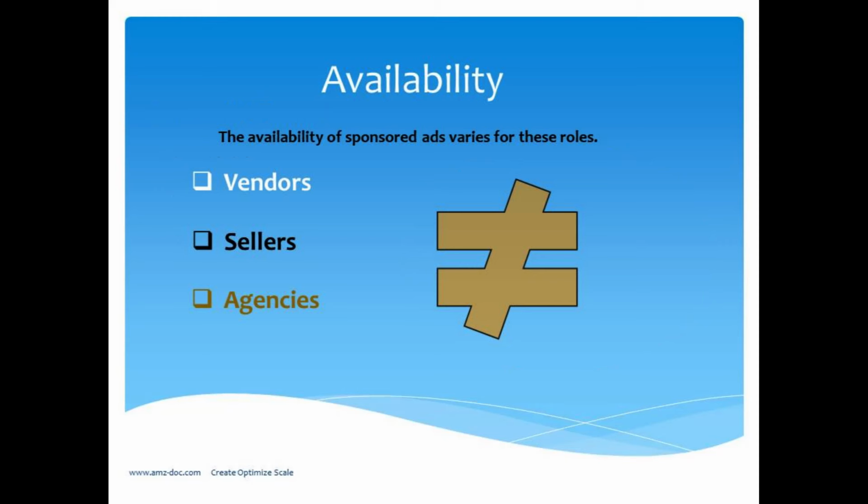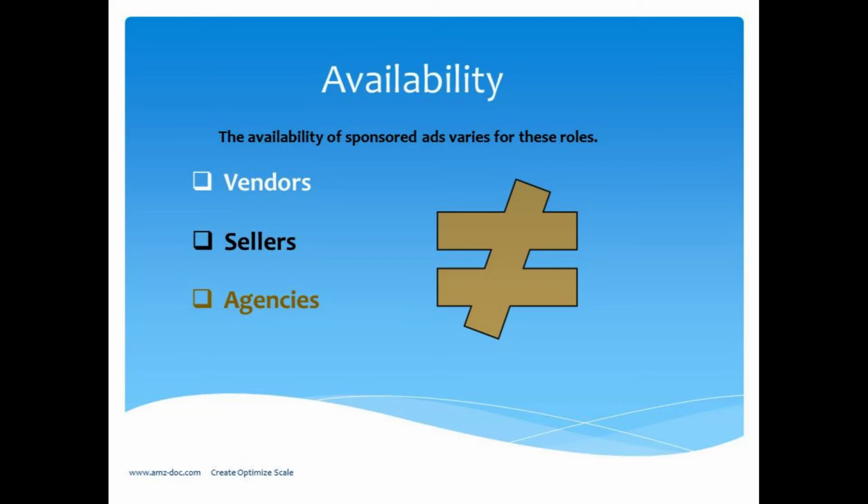Availability of sponsored ads. The availability of sponsored ads varies for these roles. 1. Vendors. 2. Sellers. 3. Agencies. Vendors, or those who represent vendors, who are active in Vendor Central, Advantage Central, or Kindle Direct Publishing, and who sell products from eligible categories, can use sponsored ads.